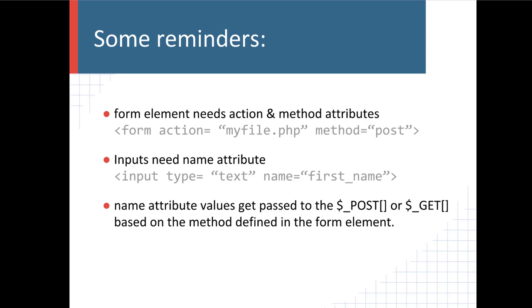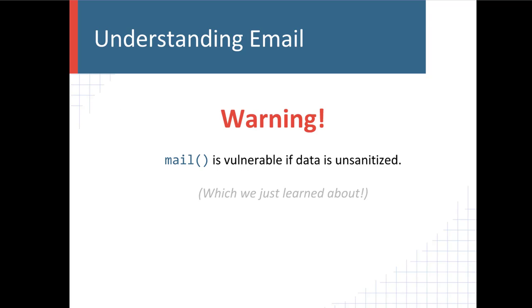All inputs need the name attribute. That's how we can get its value from the post or get array. Those values get passed to the post or get array based off of the method that is defined in the form element. Just a reminder, the mail function is vulnerable, and therefore we must sanitize our data.